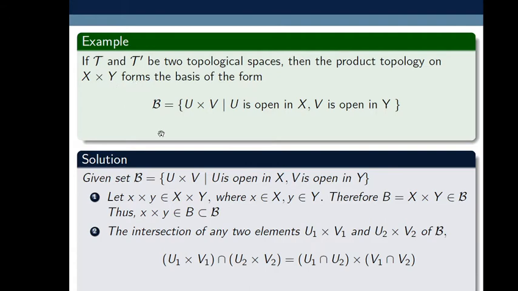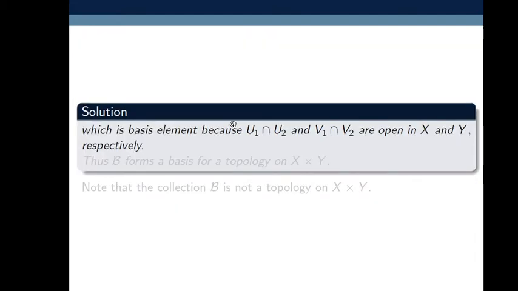Now the question arises whether this script B forms a topology. This collection script B is not a topology on the Cartesian product X times Y. For this, here I am giving a counter example. Suppose we consider beta to be the collection of rectangular regions in the plane.